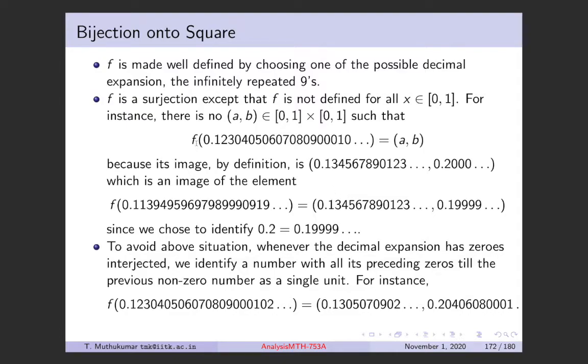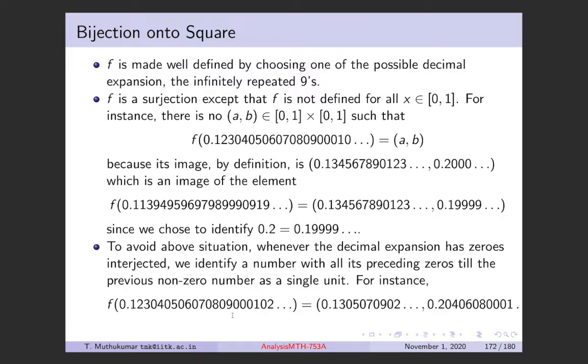the way we will tweak this map is that whenever we have a number with zeros kind of interspersed in it, you consider that as one single unit. You don't see them as different numbers. For instance, whatever we have taken here, 0, 4, 0, 5, 0, 6, 0, 7, 0, 8, 0, 9, and so on.